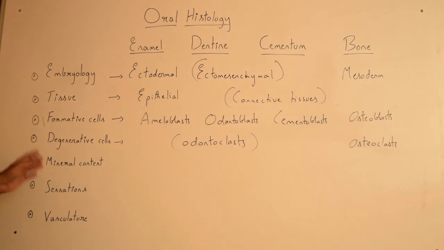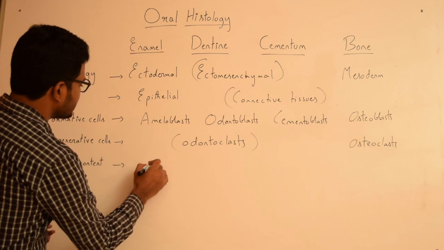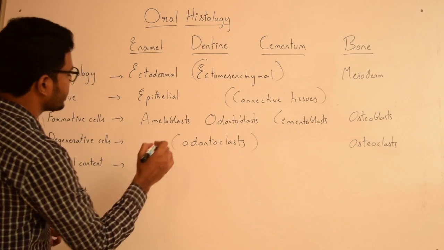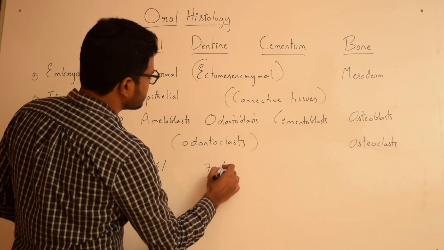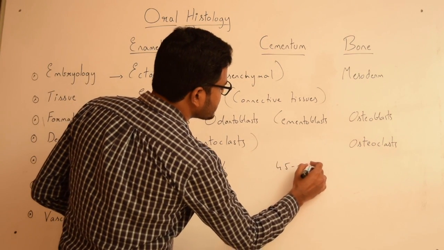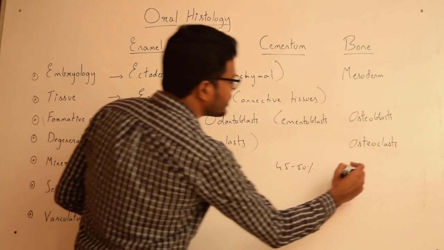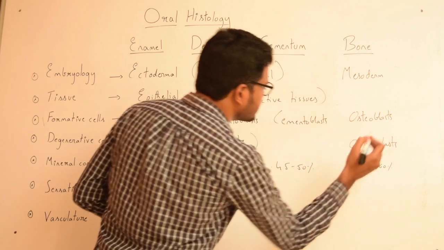And then coming to mineral content, so enamel has the highest mineral content, right? It's around 96%, whereas dentin, it is around 70%, and cementum, it's around 45 to 50%, and bone, it is around 50 to 60%, right?